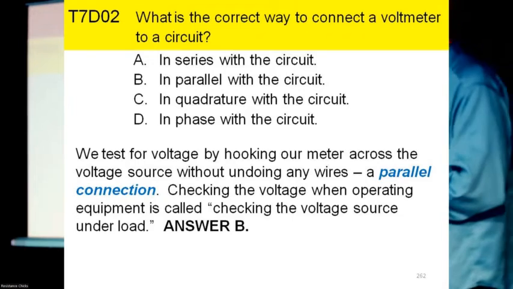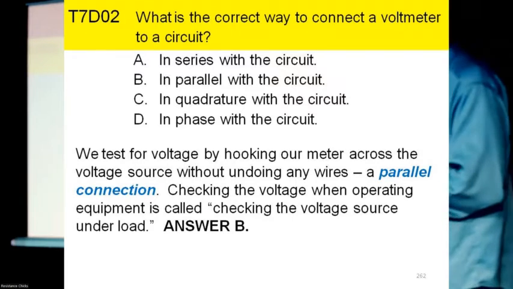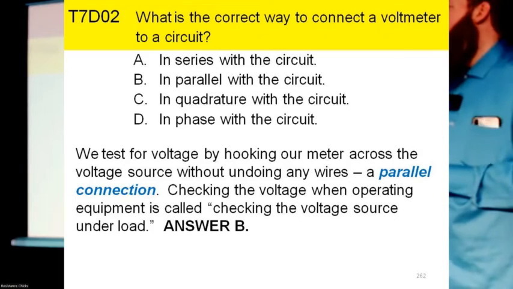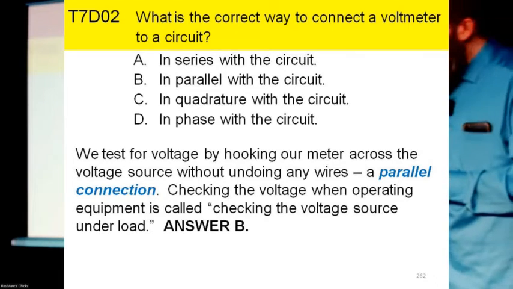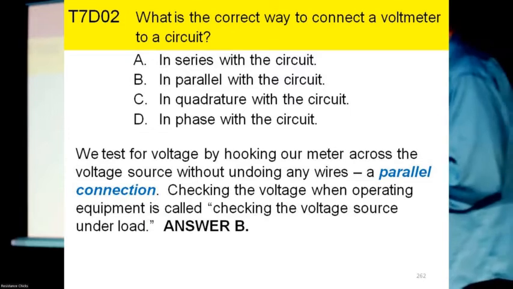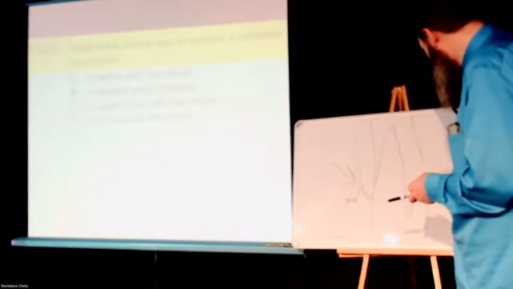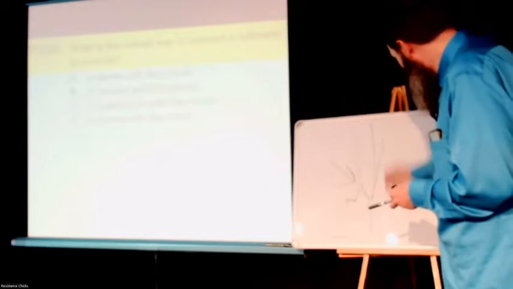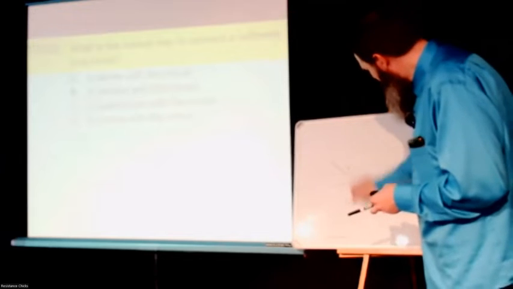What is the correct way to connect a voltmeter to a circuit? You connect a voltmeter to a circuit in parallel.